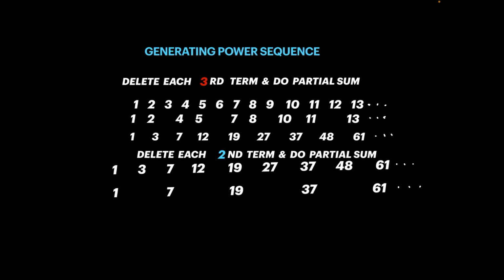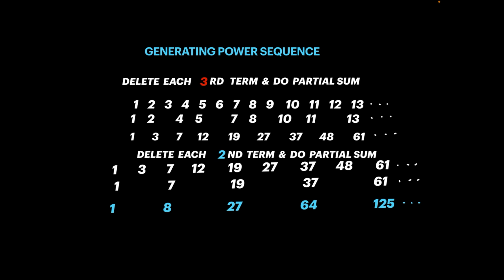So now we have to compute the partial sum, and then if we compute the partial sum, what will we get? We will get 1, and then 1 plus 7 is 8, and then 8 plus 19 is 27, and then 27 plus 37 is 64, and then 64 plus 61 is 125.